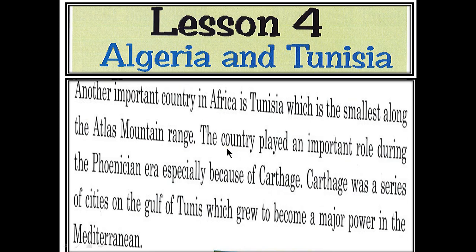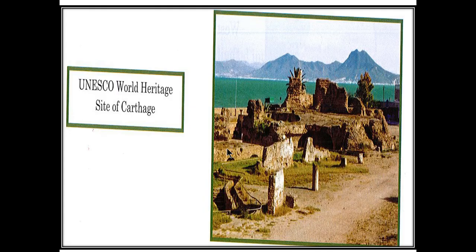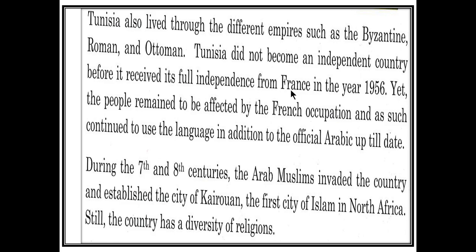Now let's continue further and look at this. This is the UNESCO World Heritage Site for Carthage. Furthermore, as I told you, Tunisia also lived through different empires such as the Byzantine, Roman and Ottoman.